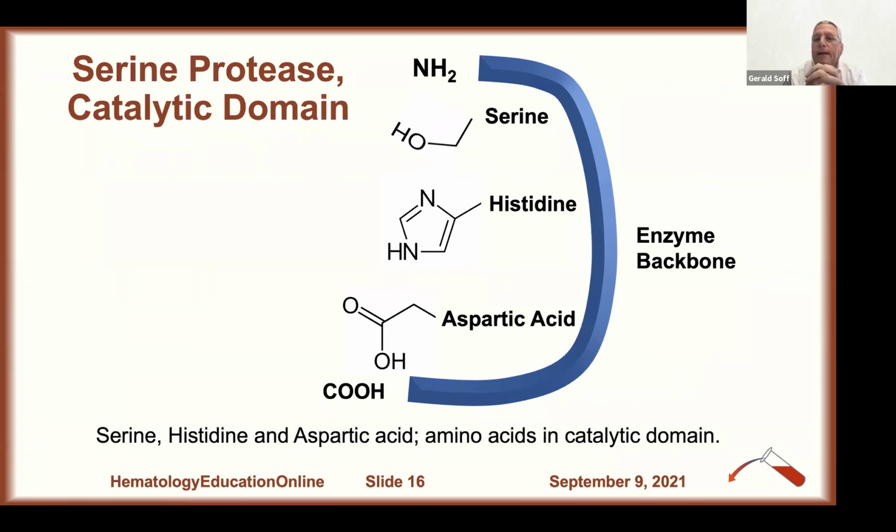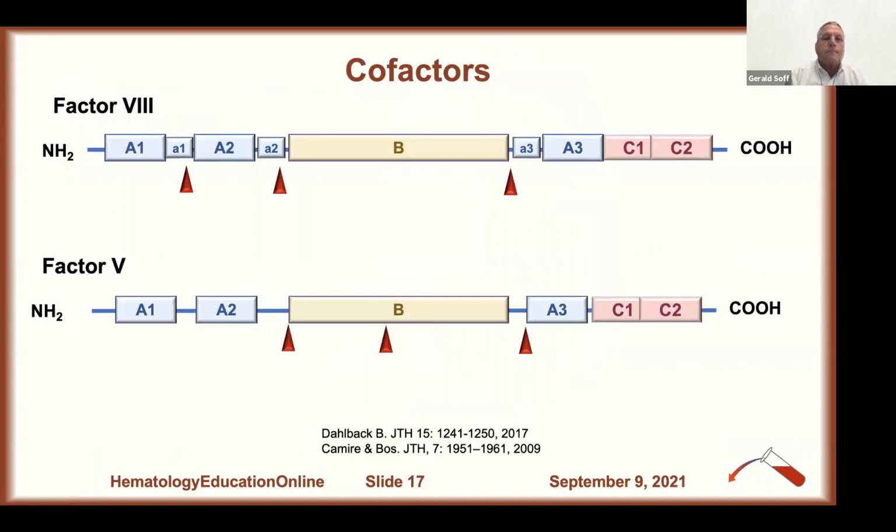So if one is looking at the gene sequence for a novel gene of unknown function, and you see a serine, histidine, and aspartic acid in this relative orientation, you could be fairly confident that that would be an enzyme, a serine protease. So that's the class of enzymes of the coagulation system. They're called serine proteases because of the serine amino acid in that domain.